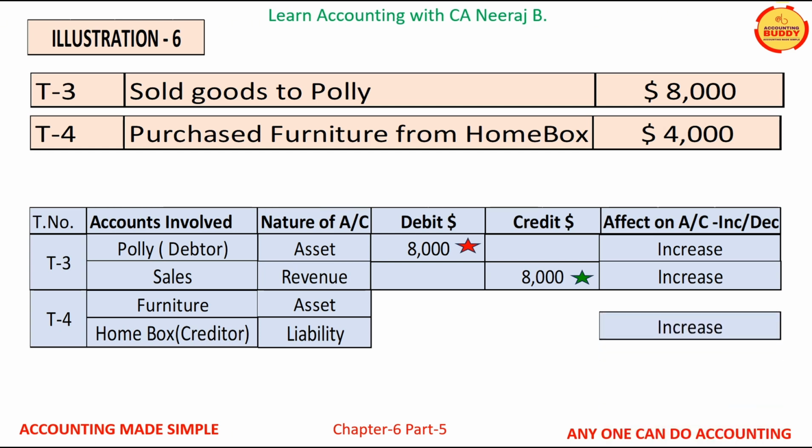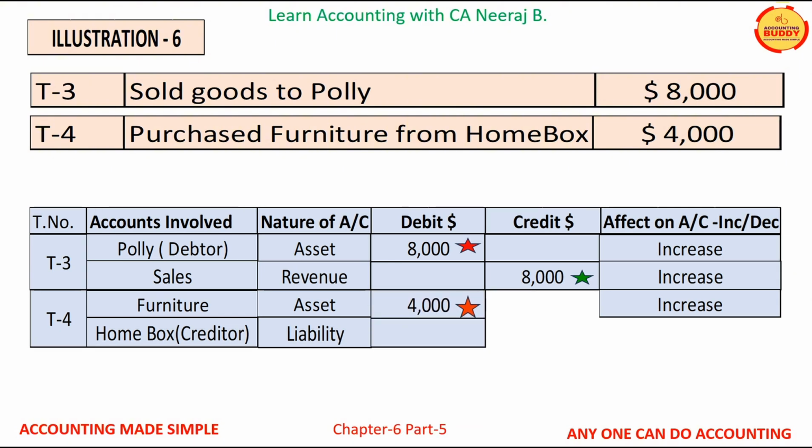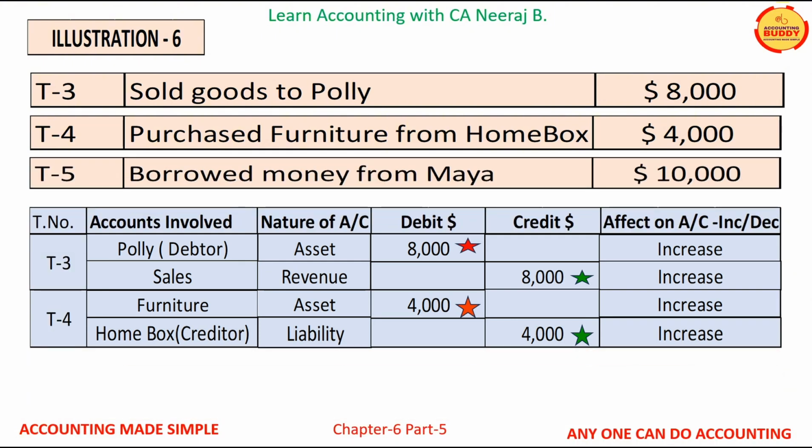Asset value is increasing, therefore as per asset rule, the furniture account will be debited by $4,000. The value of liability is also increasing, therefore as per the liability rule, Homebox creditor account will be credited by $4,000.